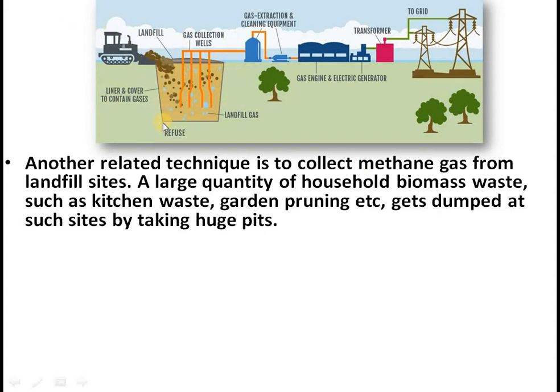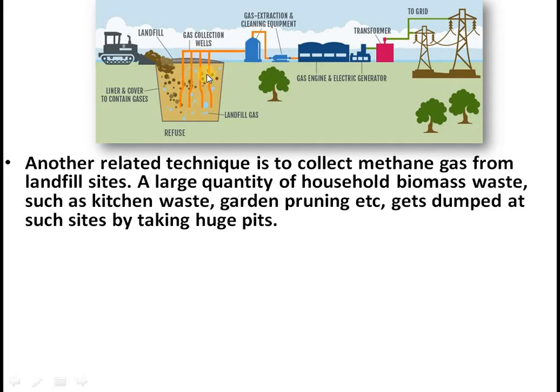It will be very deep, meters and meters deep, up to tens or hundreds of meters, and filled and kept there for a few years. Then automatically the anaerobic bacteria start working and they produce methane gas, over which suitable coverage is given, maybe polythene based, plastic based or asbestos based, and long pipes are erected inside.